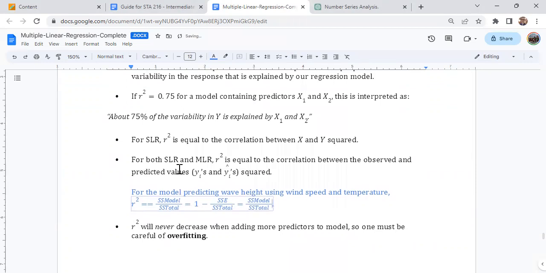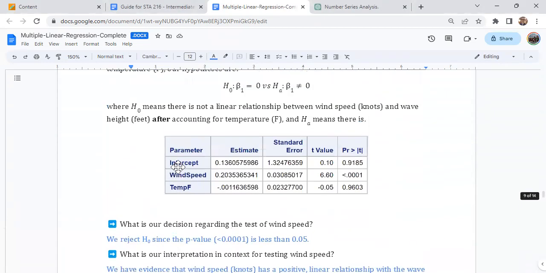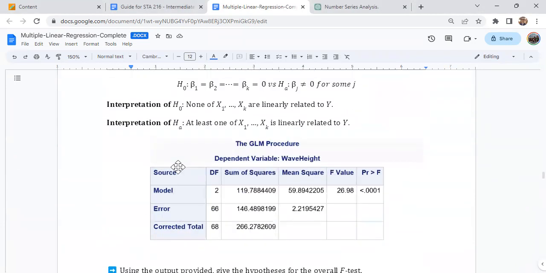Okay, so let's grab SS model and SS total from the ANOVA table. Here was the ANOVA table for the two predictor model. So we have that SS model.